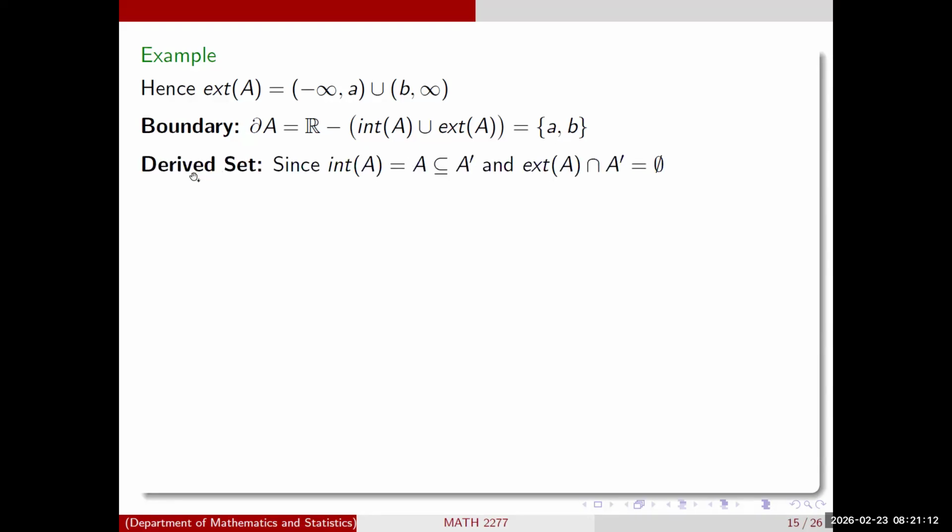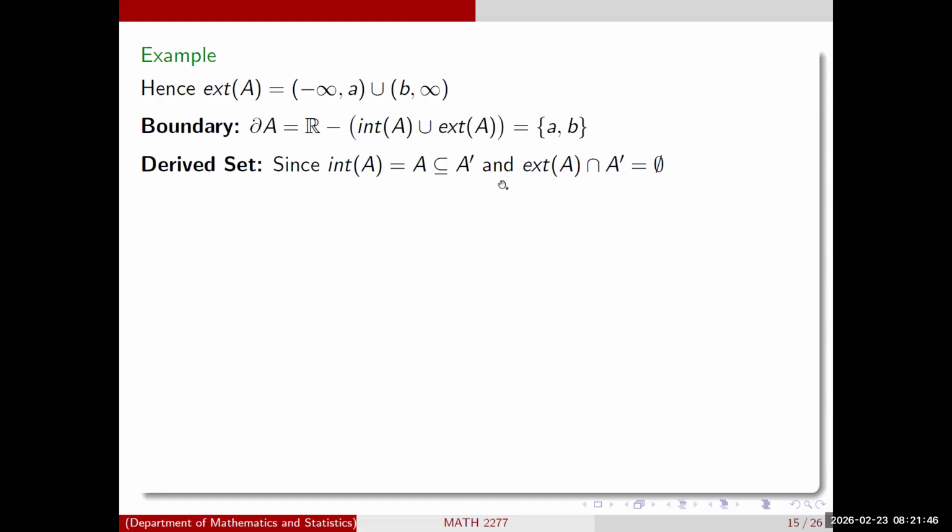Now, the derived set, or the set of all limit points. We would have shown previously that when we are in the real numbers, every interior point is a limit point. So in the real numbers, the interior of a set is always a subset of its derived set.